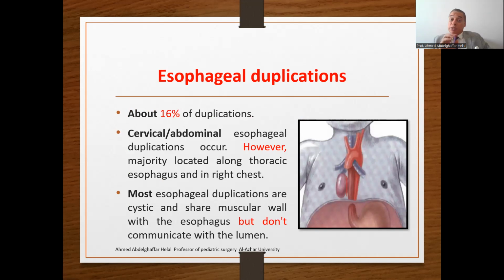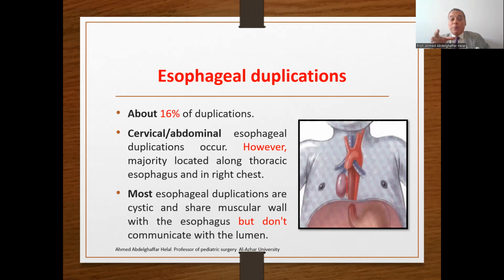The first part is the esophageal duplication. Duplicated cyst, whether cystic or tubular, related to the esophagus. About 16% of the duplications, the cervical or abdominal esophagus could be involved. However, the majority are located along the thoracic esophagus and in the right chest.